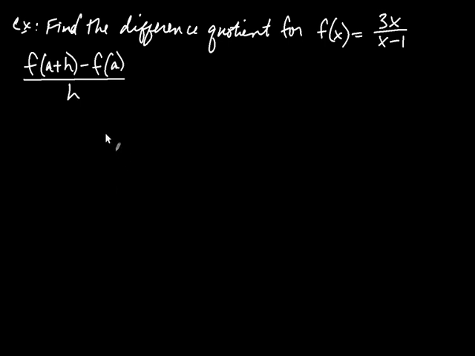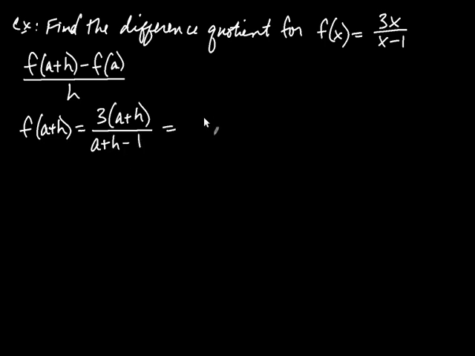So what is f at a plus h? Put an a plus h here and an a plus h there. So 3 times a plus h divided by the denominator, which is a plus h take away 1.